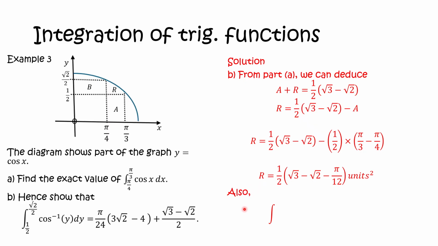Great. Also, we can see that if we then go on to find what we are given in B here, what we would have is the area B plus R. And in that case, we know our R already. So all we have is the B. So we see that B is a rectangle, and we can actually find the area of this rectangle.